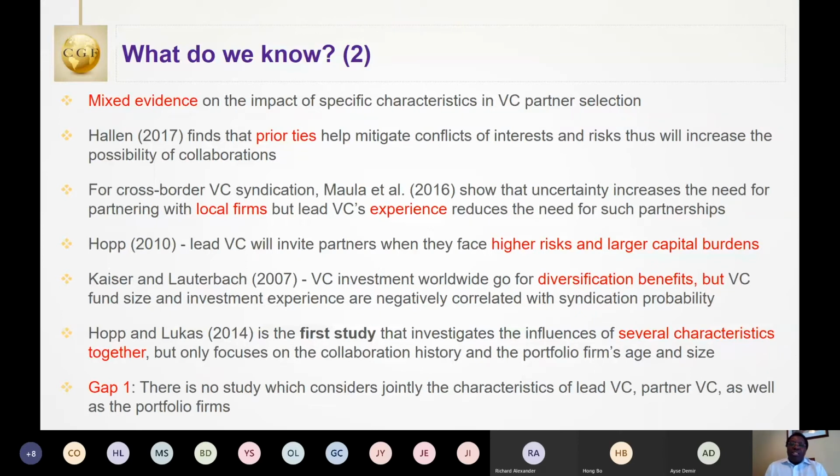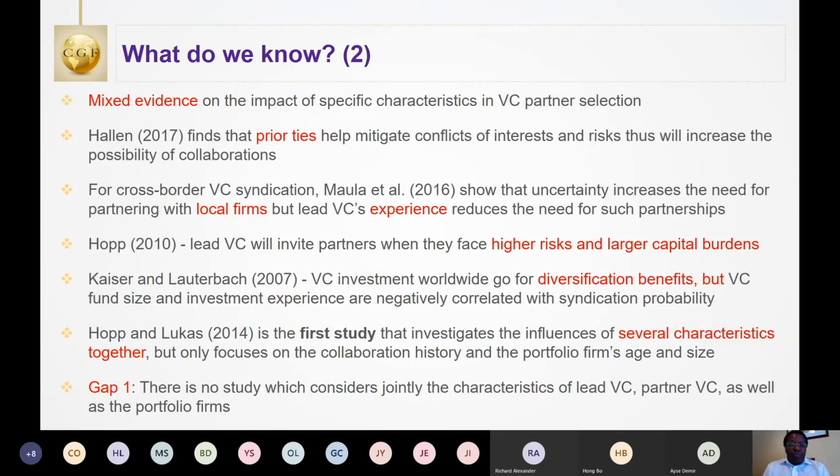But we should note that this literature is also awash with a lot of mixed evidence and some disagreements. It's actually not disagreements that concern us in this story. It is the fact that the literature uncovers quite a number of potential determinants, potential explanations of how venture capital leads can choose partners, and also how they can use the dynamics to help firms that are looking for finance.